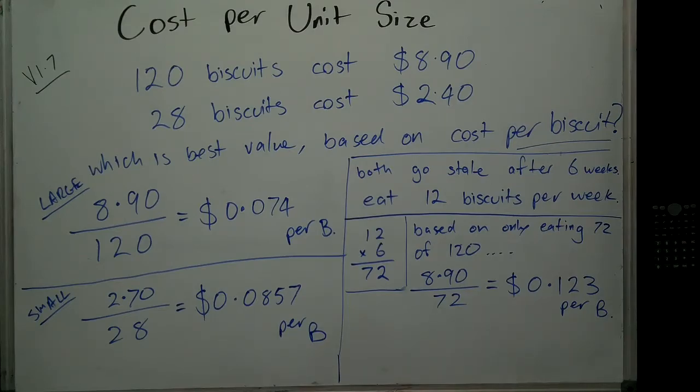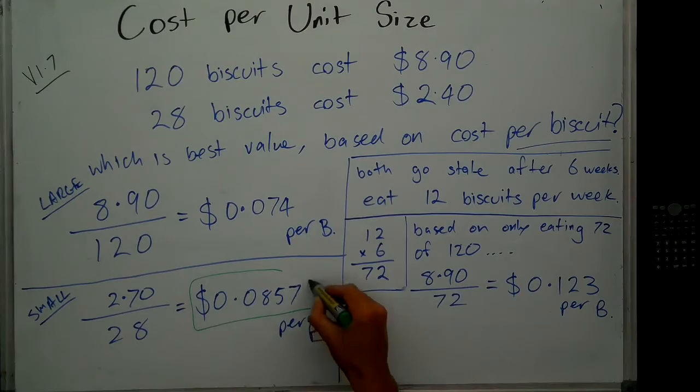Eat those for another 2 and a bit weeks. And at the end of the day, because I don't have to buy all of the 72 biscuits at the start of those 6 weeks, the small packet is still fresh. So the price per biscuit of the small packet is still this.